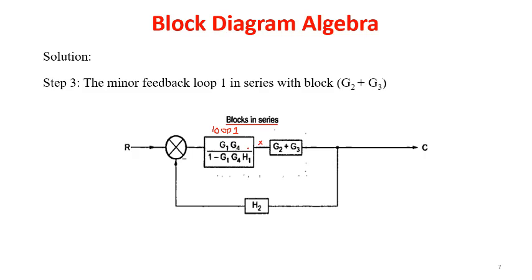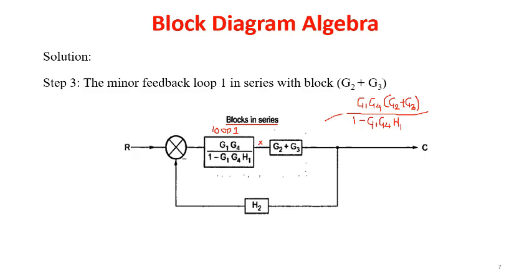So when we multiply this block with the next block which is in a follow up with this one, we are going to get the block as G1 G4 bracket G2 plus G3, all divided by 1 minus G1 G4 and H1.